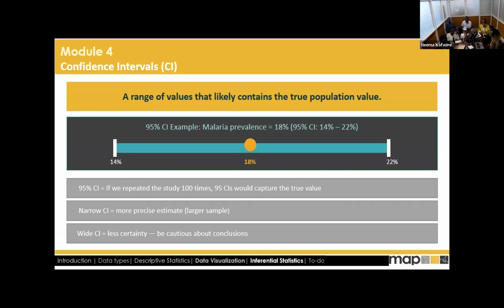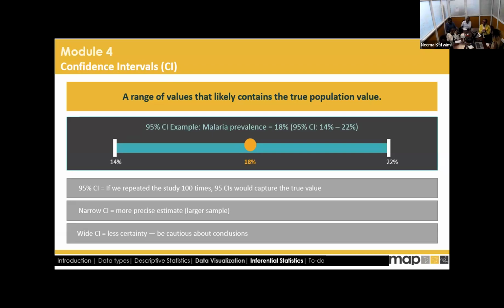From our example, we have a 95% confidence interval, for example malaria prevalence. The effect is 18%, and the confidence interval is from 14 to 22%. So what does it tell us? It tells us that if we repeated this study 100 times, 95% of confidence intervals would capture the true value.